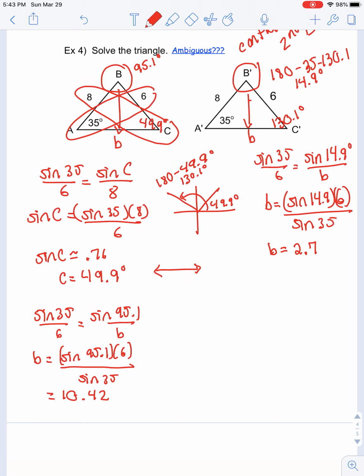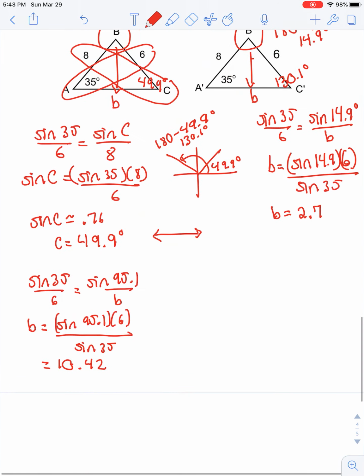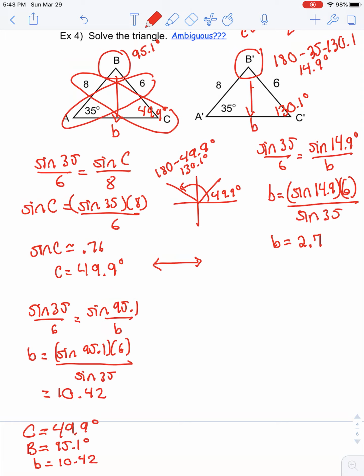Okay, when you're solving for two separate triangles, be very careful that you are distinguishing the different parts that you found for each triangle. So for example, in situation 1, I have found that angle C was 49.9 degrees. That made angle B 95.1 degrees, and that made side B 10.42.